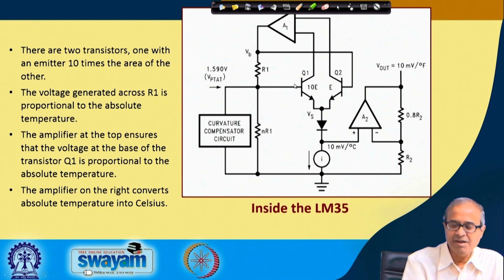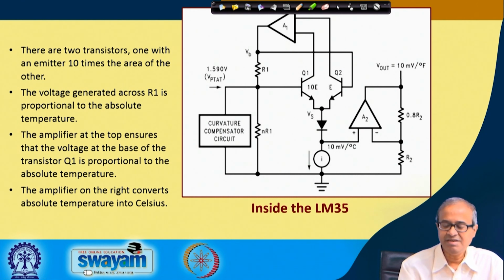Internally, I am not going into the detailed explanation. Internally, this device looks like this. You see, there are 2 transistors, some diodes, some amplifiers, and a constant current source, and these 2 transistors are very peculiar. One of them has an emitter which is 10 times larger than the other.